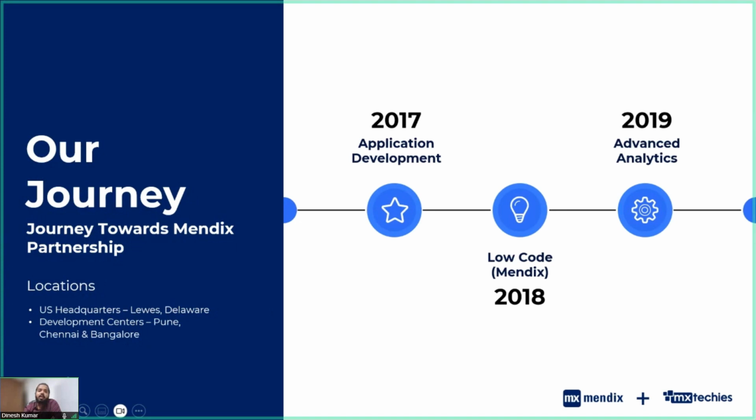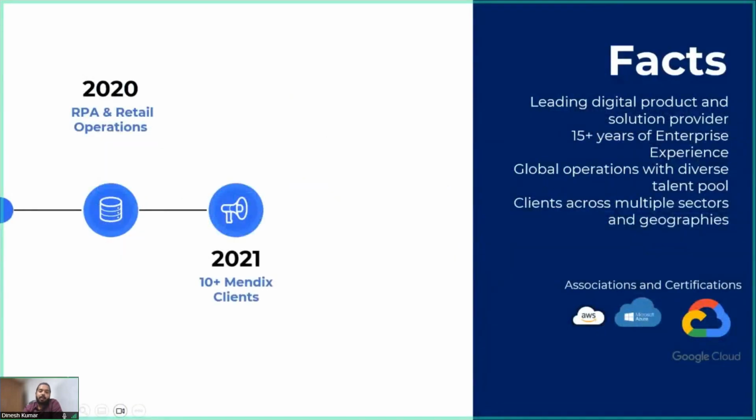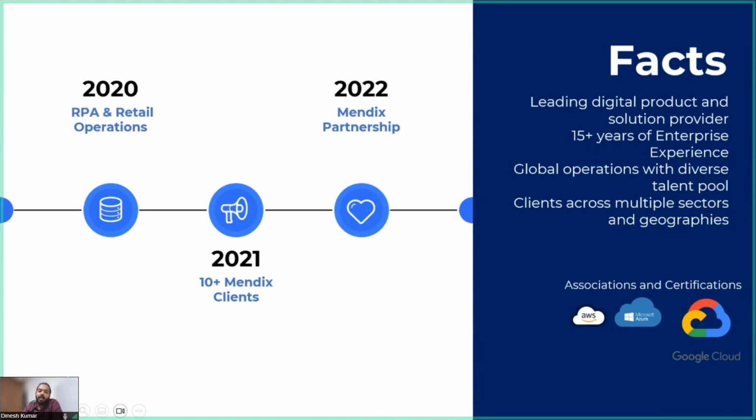We provide the whole 9 yards of Mendix services, right from design to development and maintenance of web, native, mobile, and progressive web applications. We also provide other services which include RPA and retail operations. And we are now a Siemens Mendix partner.